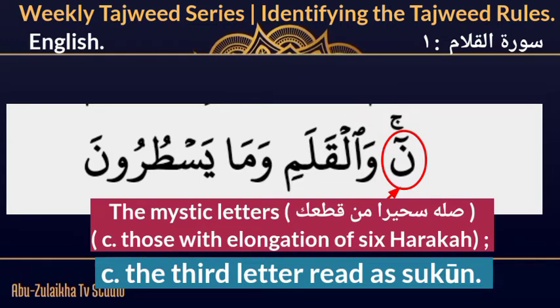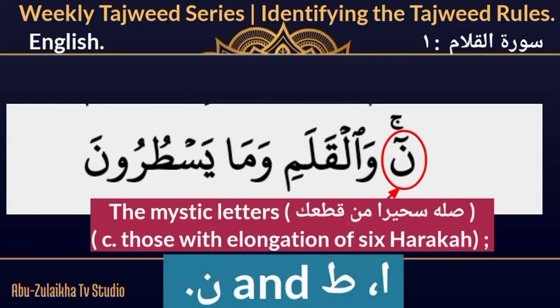So now let's give an example of three letters so that we can understand it better. For example, we have letter alif, letter ta, and then letter noon. Now let's spell the names of these three letters and see which of them has the options given above.